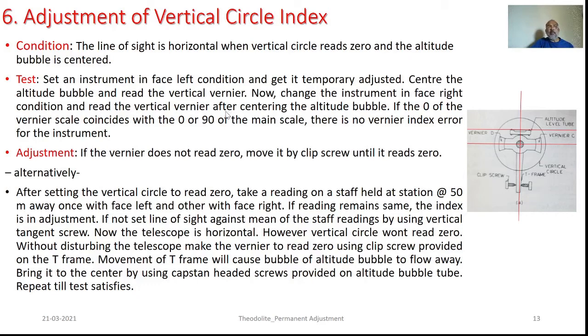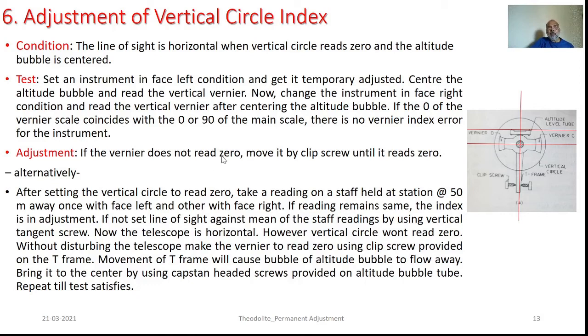If the zero of the Vernier scale coincides with the zero of the main scale, there is no index error and hence no need of adjustment. However, if the Vernier does not read 0, it needs to be rotated by making use of the clip screw so that it reads 0.